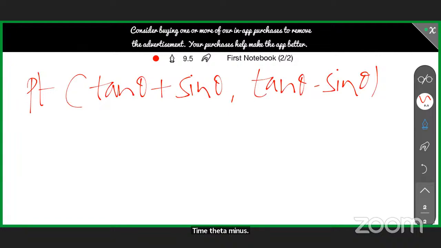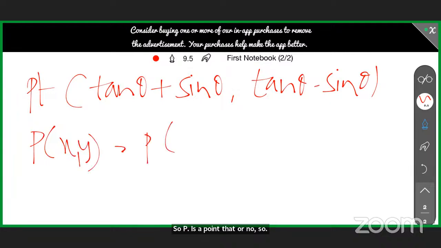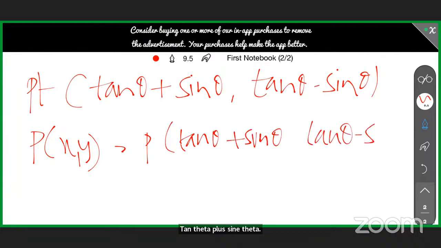As I told you, the parameter here is theta, so I have to remove the theta. P(x, y) is equal to (tan theta plus sin theta, tan theta minus sin theta).